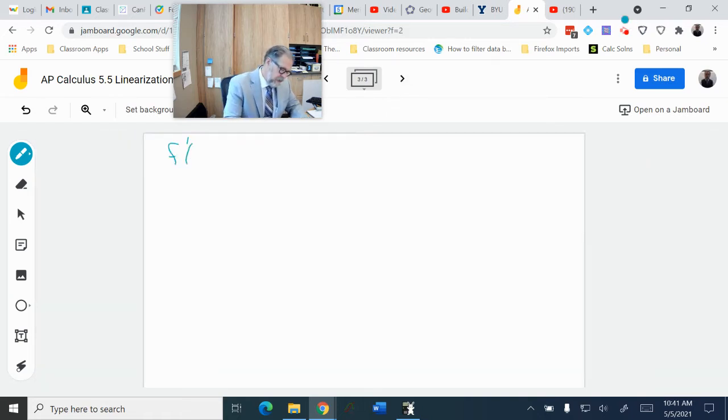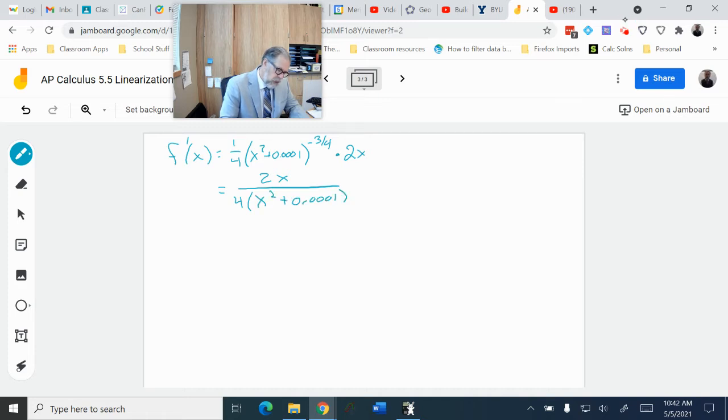So the derivative of this function, well, first I'm going to use the power rule. So I've got 1/4 times all that stuff to the negative 3/4, x squared plus 0.0001, times the chain rule, which says the derivative of the inside, which is 2x. And I get 2x over 4 times (x squared plus 0.0001) to the 3/4 power.